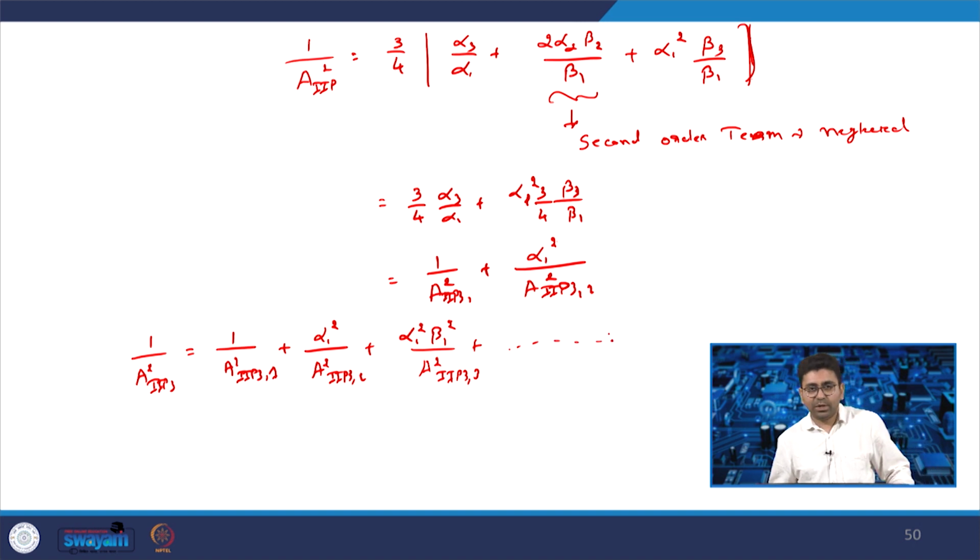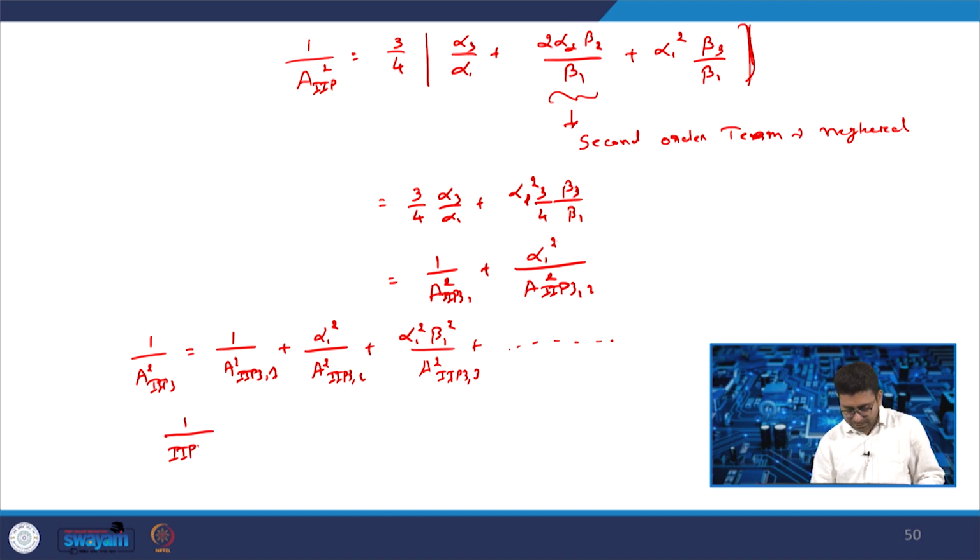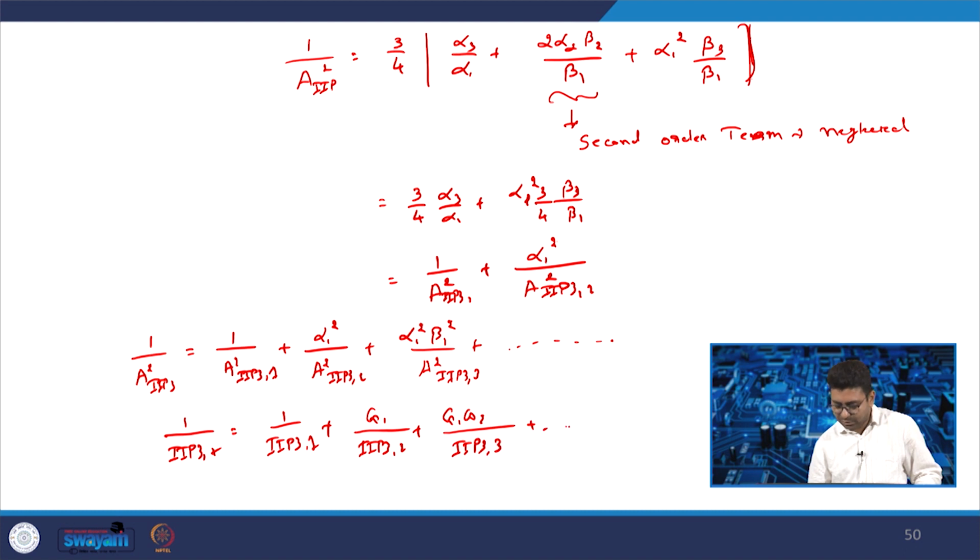You can also convert this into dBm. So, the square term will be reduced and the gain will be, so it can also be given as 1 by IIP3 total is equal to 1 by IIP3 of the first stage plus gain of the first stage by IIP3 of the second stage. Gain of first and second will be multiplied by IIP3 of the third stage, and it will go on.